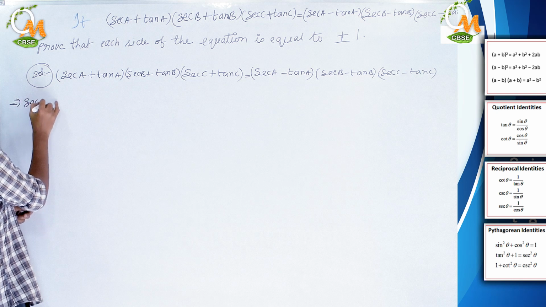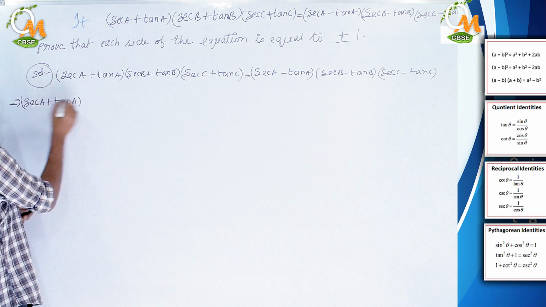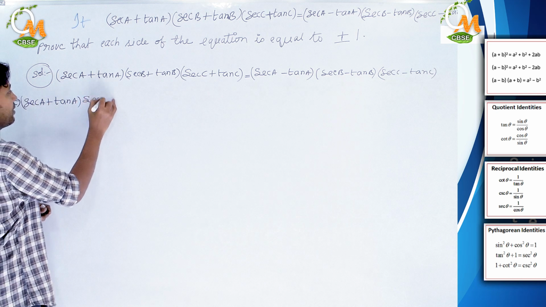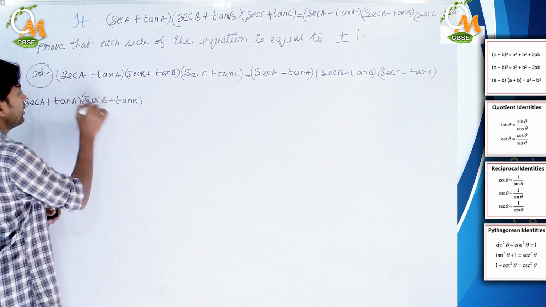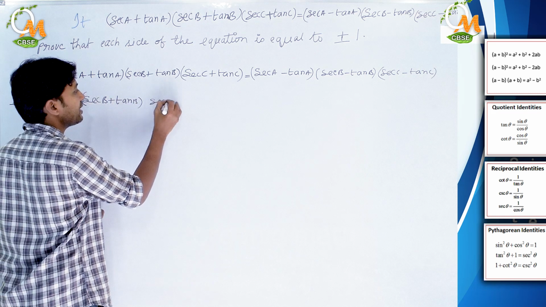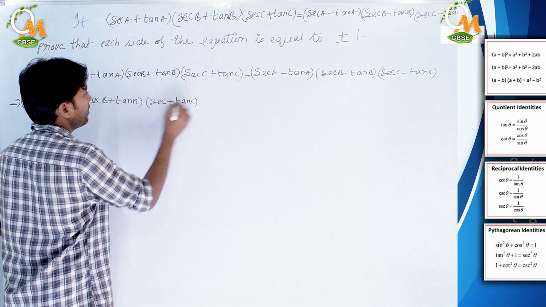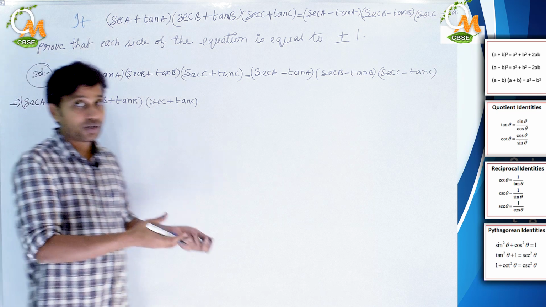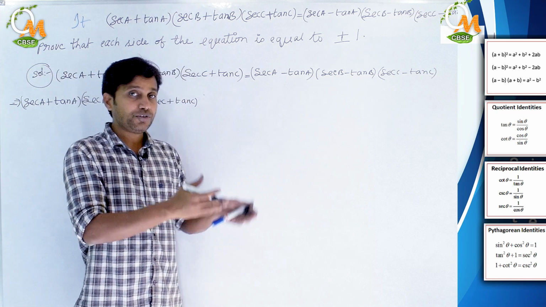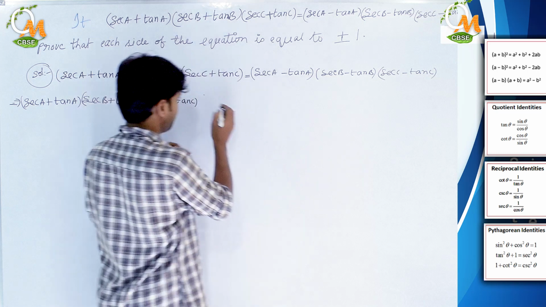Secant A plus tan A into secant B plus tan B into secant C plus tan C. Now we wrote this. Now we are again multiplying with what? Secant A plus tan A into secant B plus tan B into secant C plus tan C on this side first.